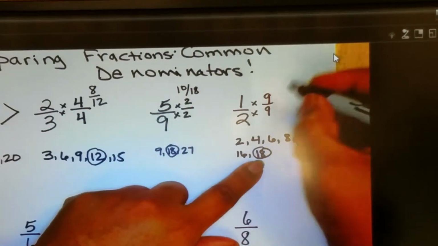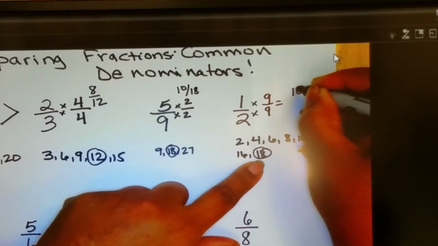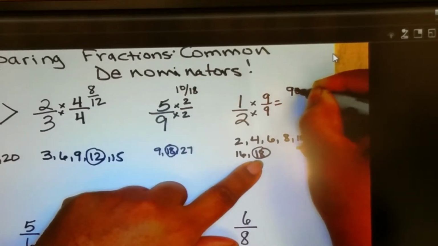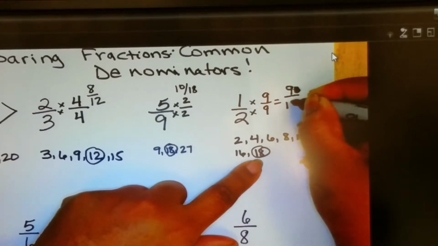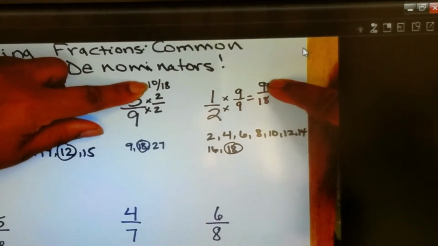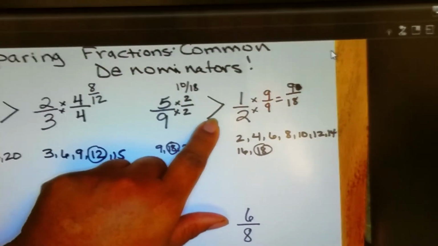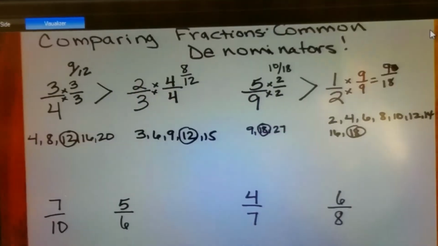I can easily compare them together. 5 times 9, that's a 9 over 18. So I have 10 over 18 and 9 over 18. This one is bigger. And the crocodile always eats the larger number.